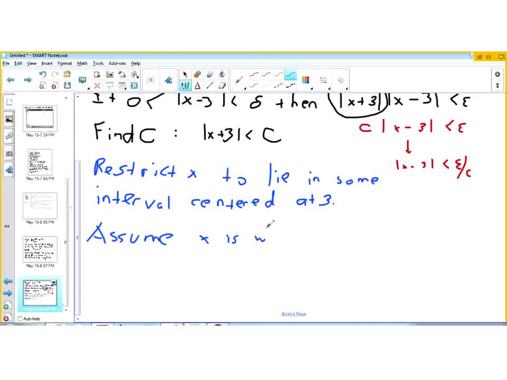How about we make an assumption? Now we're designing such an interval, so in designing such an interval, we'll assume x is within a distance 1 from 3.